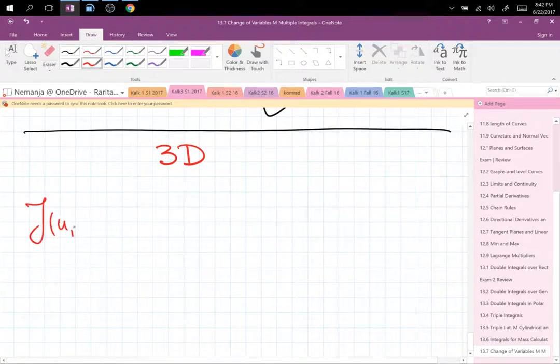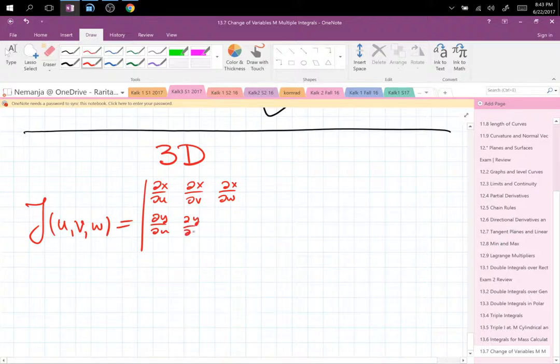First we have the Jacobian of UVW: partial x, partial u; partial x, partial v; partial x, partial w; partial y, partial u; partial y, partial v; partial y, partial w; partial z, partial u; partial z, partial v; partial z, partial w.